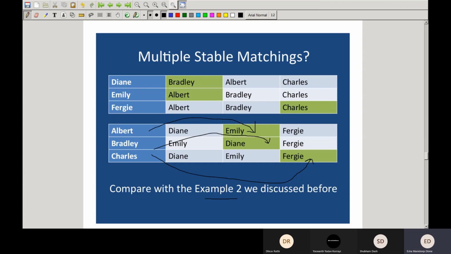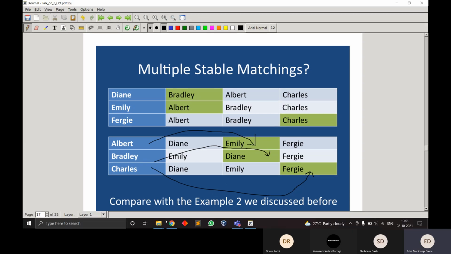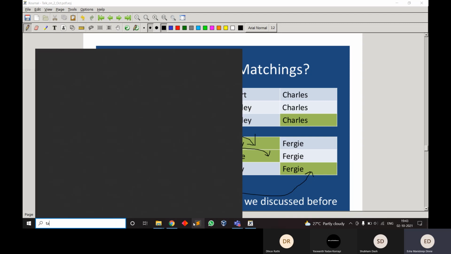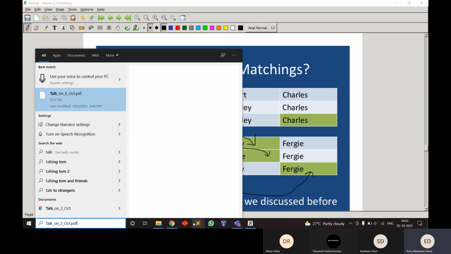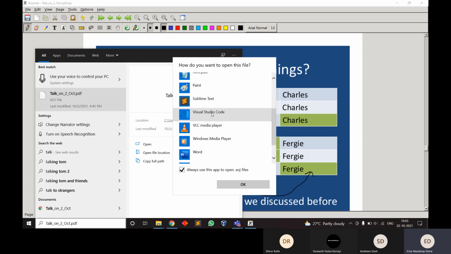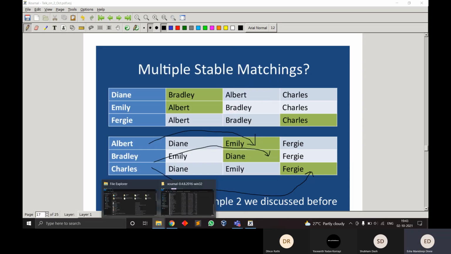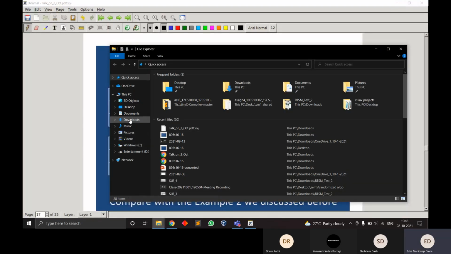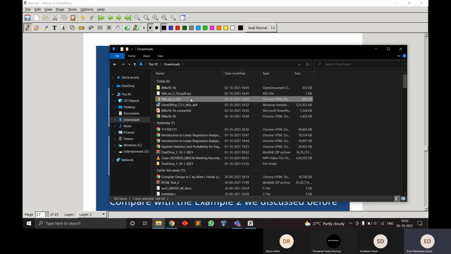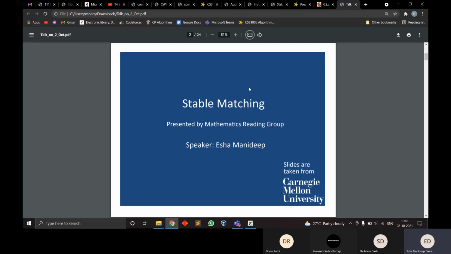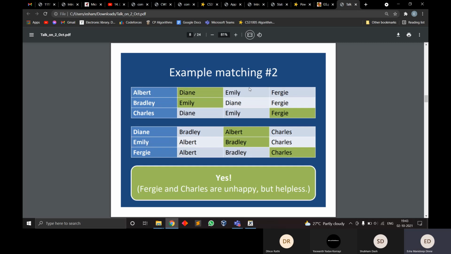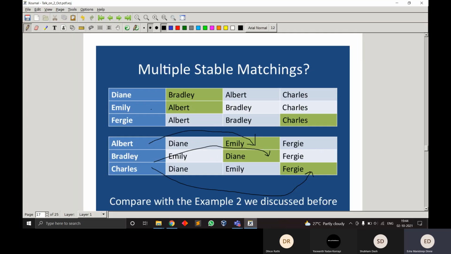Let me just open that. This is example 2. In this, Albert is with Diane, his first preference. Bradley is with Emily, his first preference. But in the other example, Albert is with Emily, his second preference.